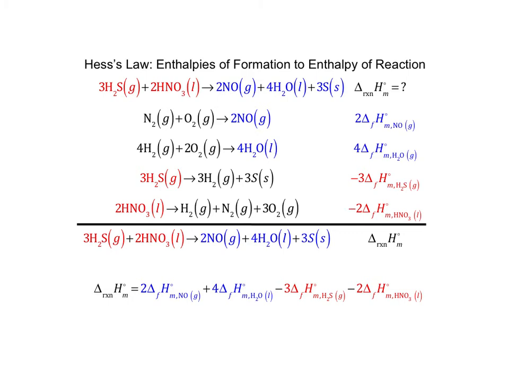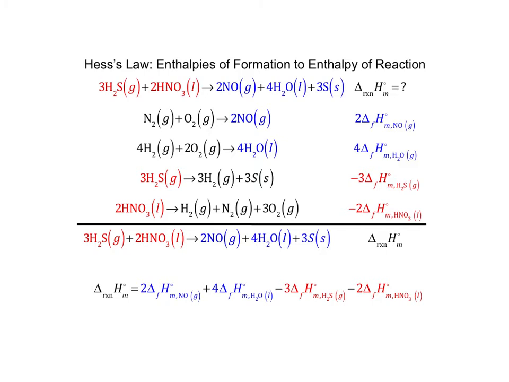Okay, so how do we put this together? This is a Hess's law problem. And so if we want to find the enthalpy of reaction, what we want to work with is our products minus our reactants.